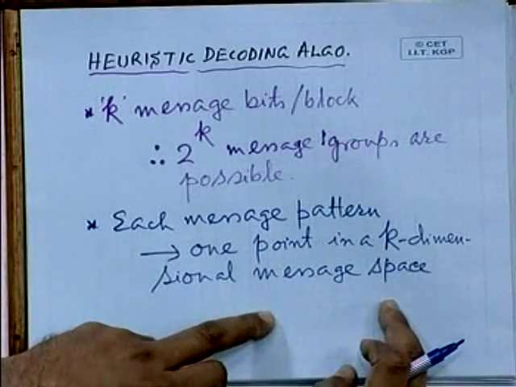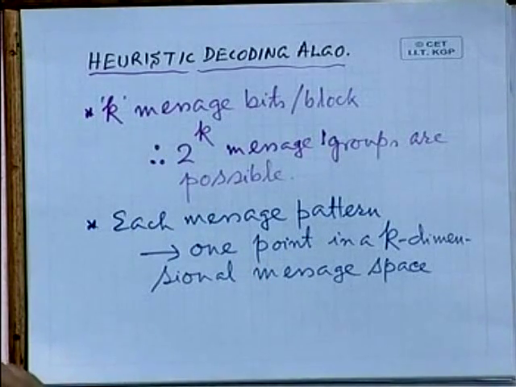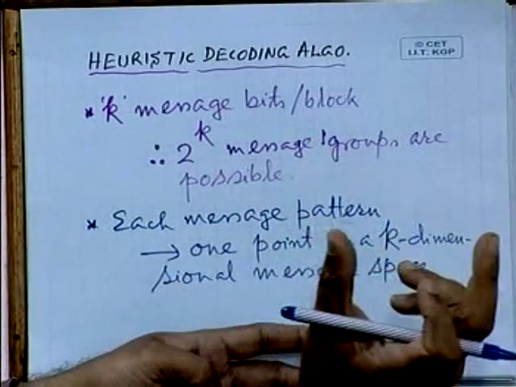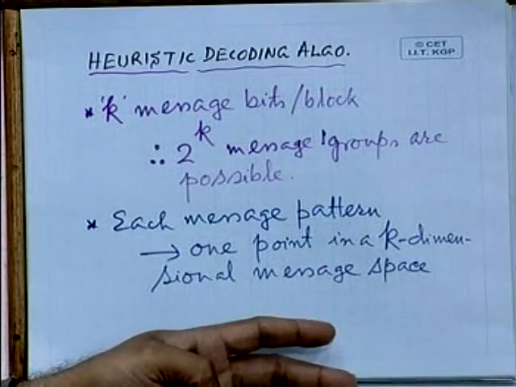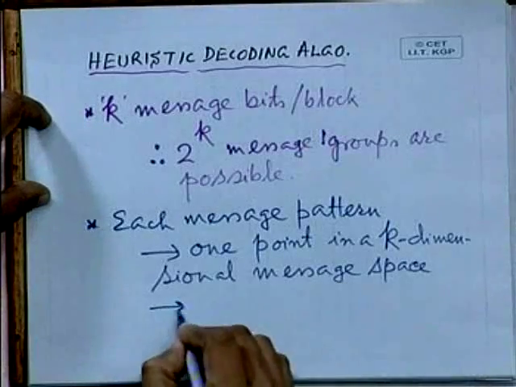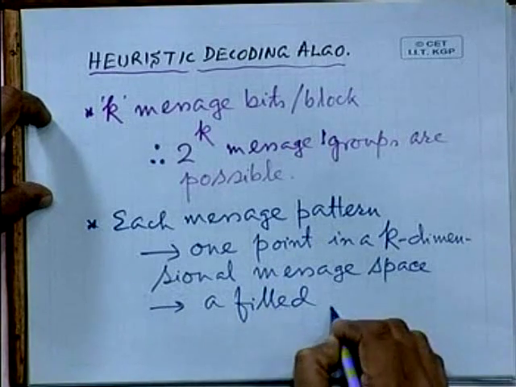Because a k dimensional message space will have exactly 2 to the power k points, and because the message is unconstrained, all the message patterns will have 1 point each in the space. So, I can say that this space is filled up totally. A filled space.